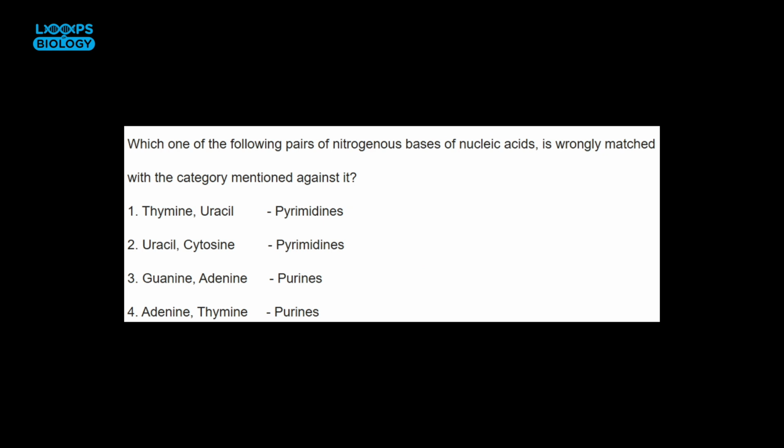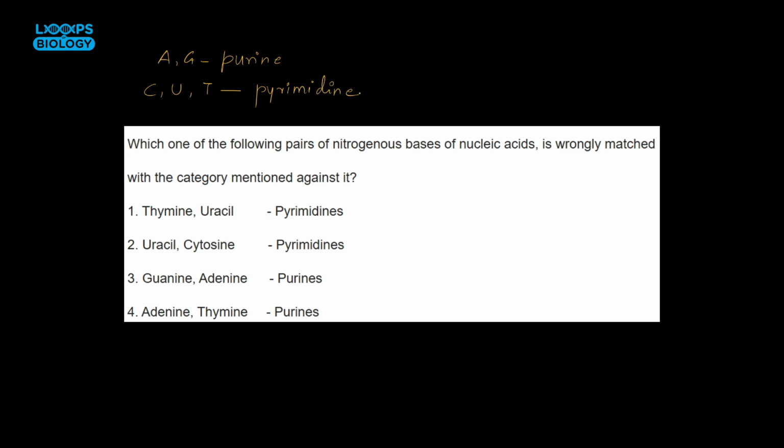Which of the following pairs of nitrogenous bases of nucleic acid is wrongly matched? For this, you should know that adenine and guanine belong to purine, and cytosine, uracil, and thymine basically belong to pyrimidine.